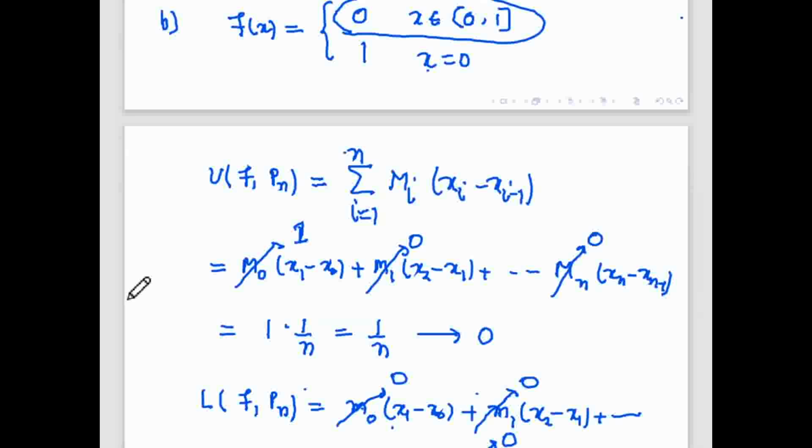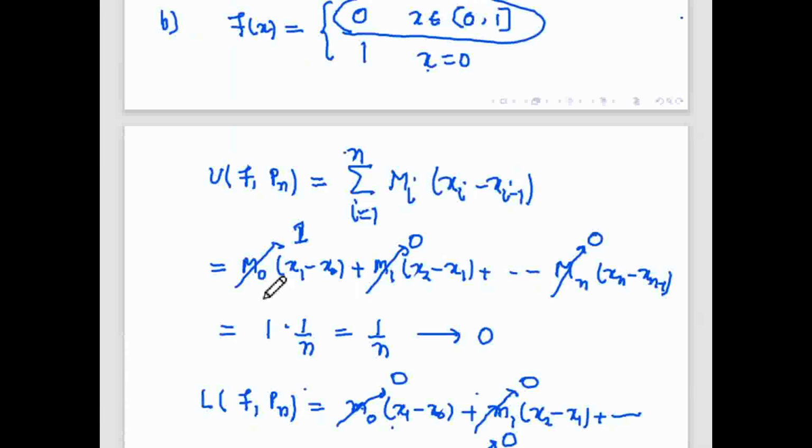So this should be M1, not right? Because of xi, value 1. Can you please explain once again? I can't understand. The first one should be M1, no, sir.